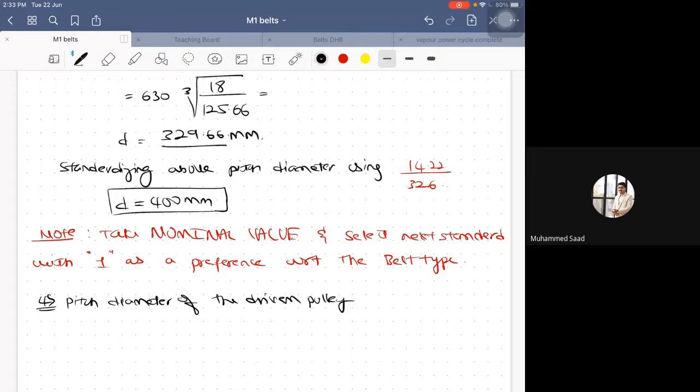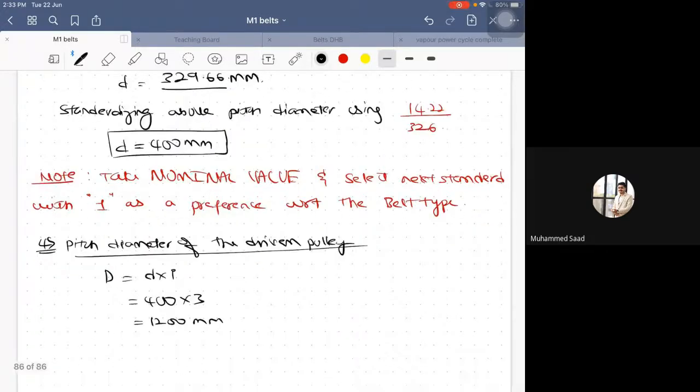So next, you have to calculate the pitch diameter of the driven pulley. So how do you calculate it? It's pretty easy. So capital D is V times i. So 400 you have, cross 3. So how much is it? 1200 mm. So capital D.